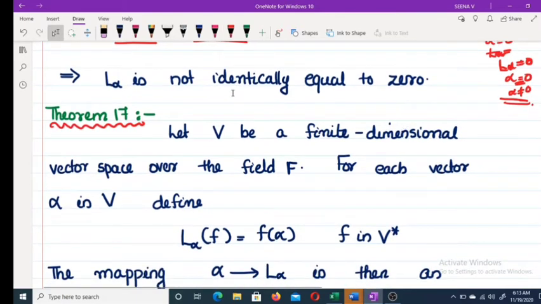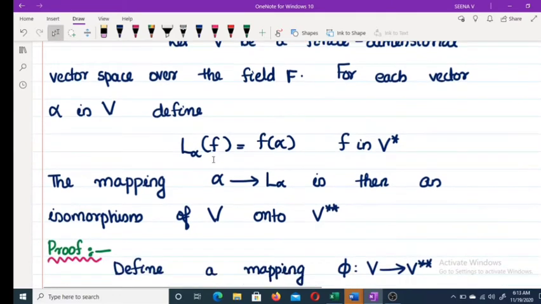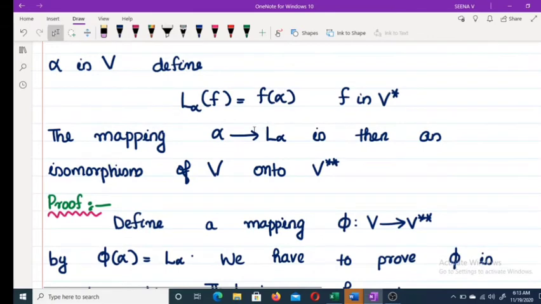Now moving to the theorem. Let V be a finite dimensional vector space over the field F. For each vector alpha in V, define L alpha of f equal to f of alpha, f in V star. We are defining this map, and the map alpha to L alpha is an isomorphism from V onto V double star.